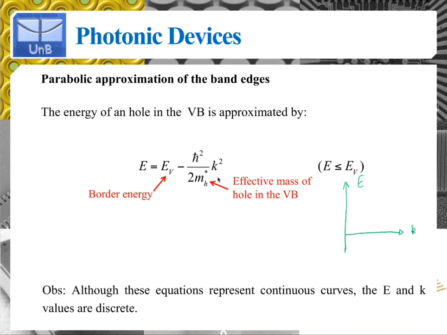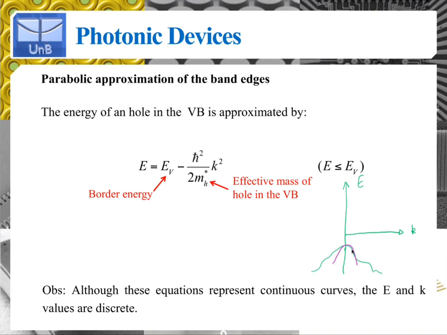E as a function of k, as we said, you might have something more interesting describing the actual band, but when you do the approximation, you're taking the energies close to the band edge to be close to this parabola right here, which is in fact a very good approximation.